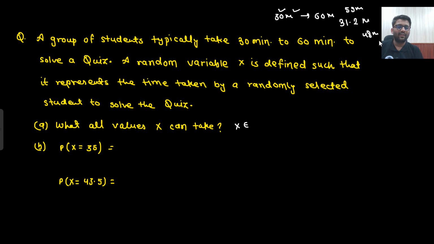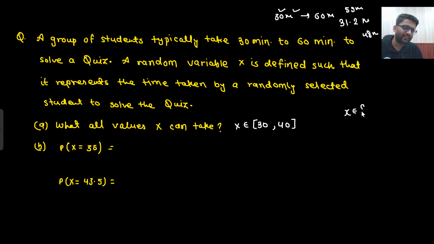Any value. 30.0001 minutes they can also take, 30.002 minutes, 41.003 minutes. So X could be any value between 30 and 40, including 30 and 40. Do you understand the meaning of this presentation?